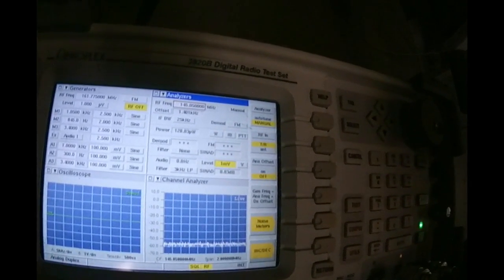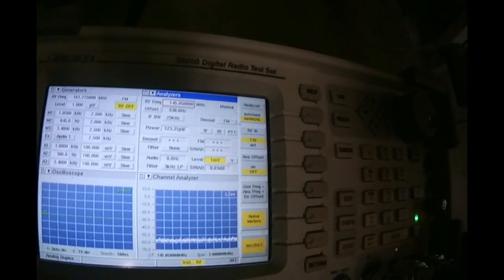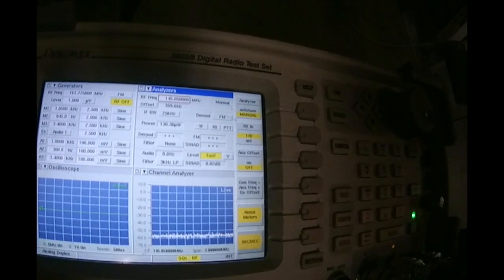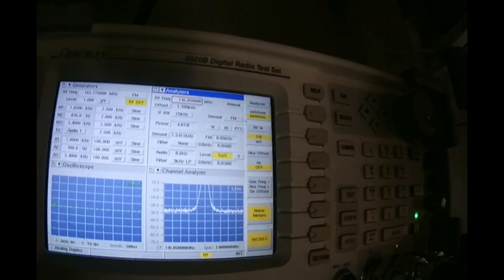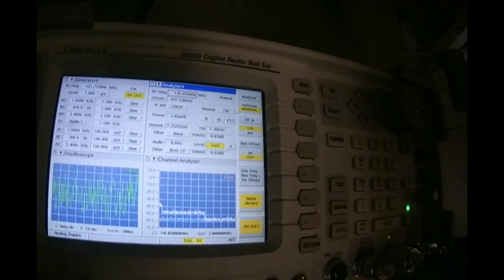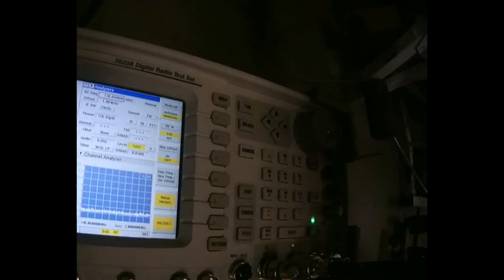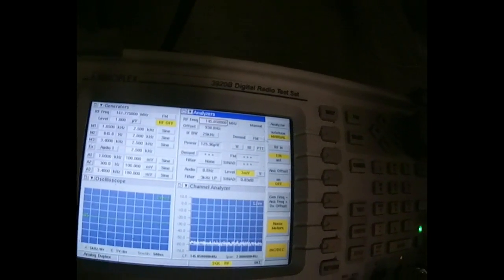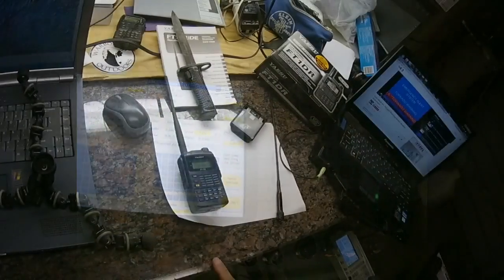Here I am at 145.05 megahertz, which is the ham channel, which this radio is type rated to transmit on, and transmit on that is 4.8 watts with 8 hertz of frequency error, which is pretty good. Still maybe 0.3 watts too low. It's rated for 5 watts, but I'll take it.